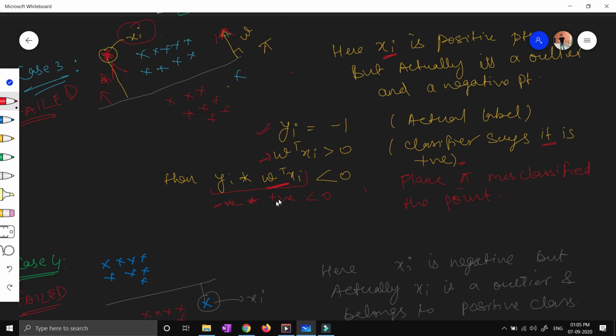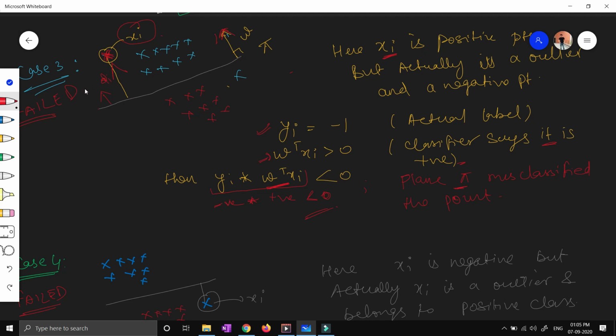So negative times positive will always be less than 0. Hence this particular term is less than 0, which means that my plane pi misclassifies the point. So now my plane is giving me the failed result.